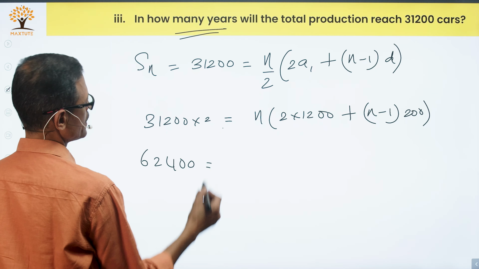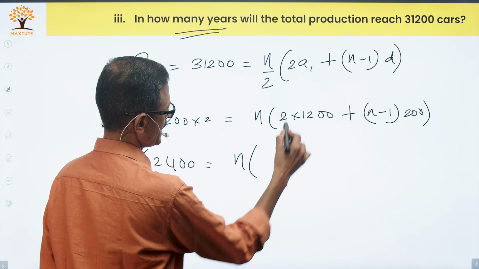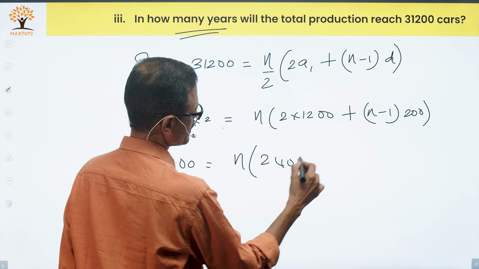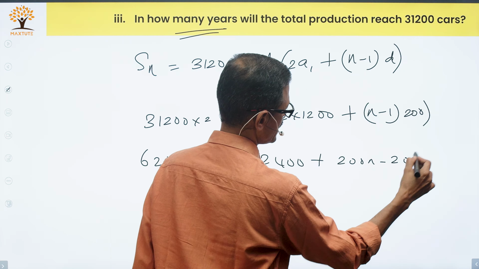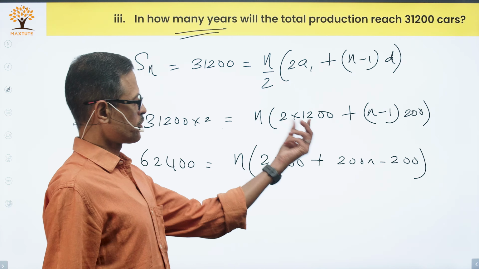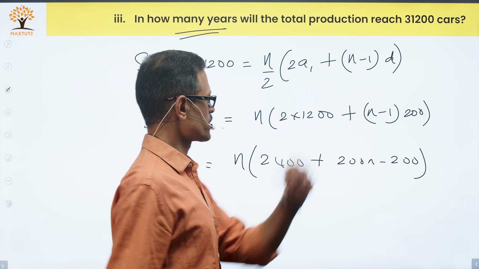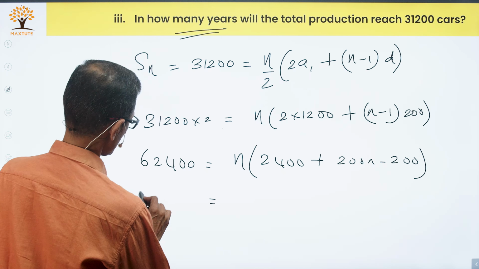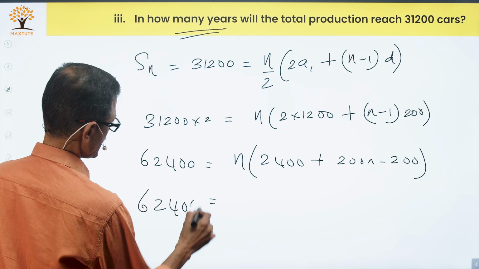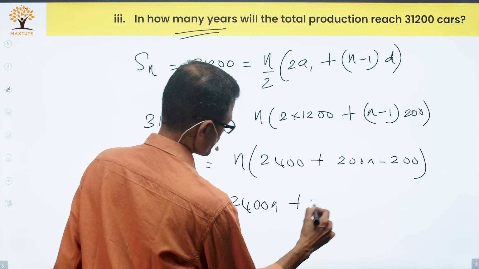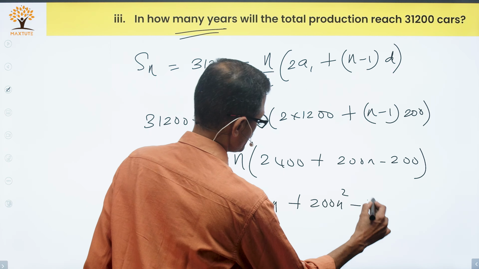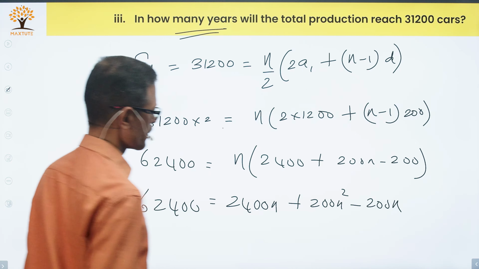62,400 is what we have, is equal to n into 2,400 plus 200n minus 200, right? So 2,400 plus 200n minus 200. So this is equal to 62,400 is equal to 2,400n plus 200n square minus 200n.